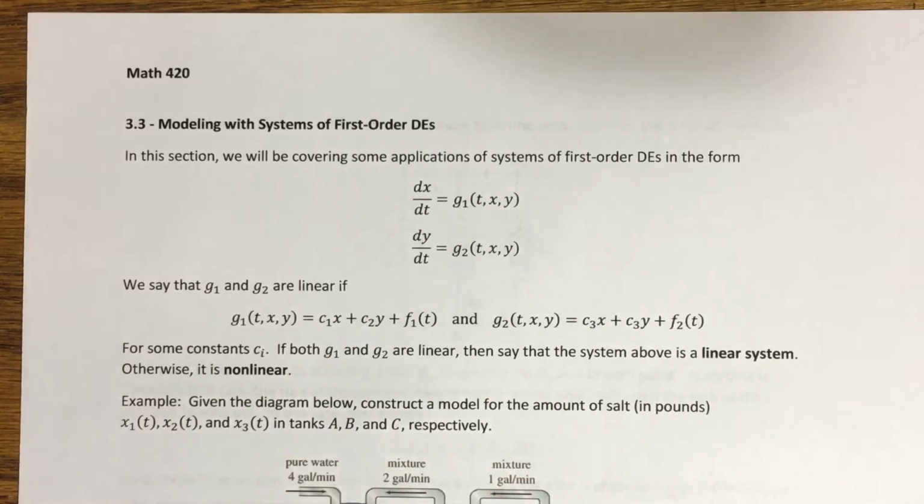But it's also going to be short because we're not covering all of the applications that are covered in the book. We're covering two types of applications today. We're going to be looking at mixture problems, and we're going to be looking at electrical circuits.